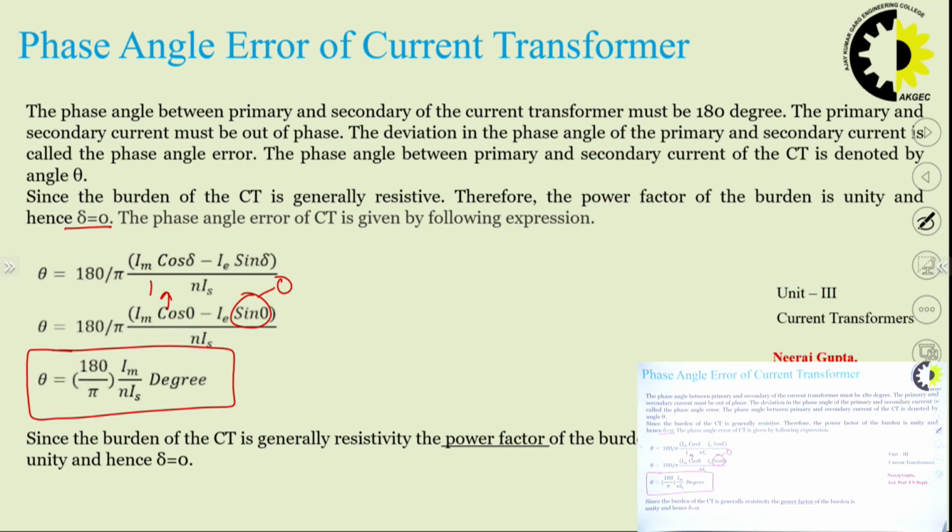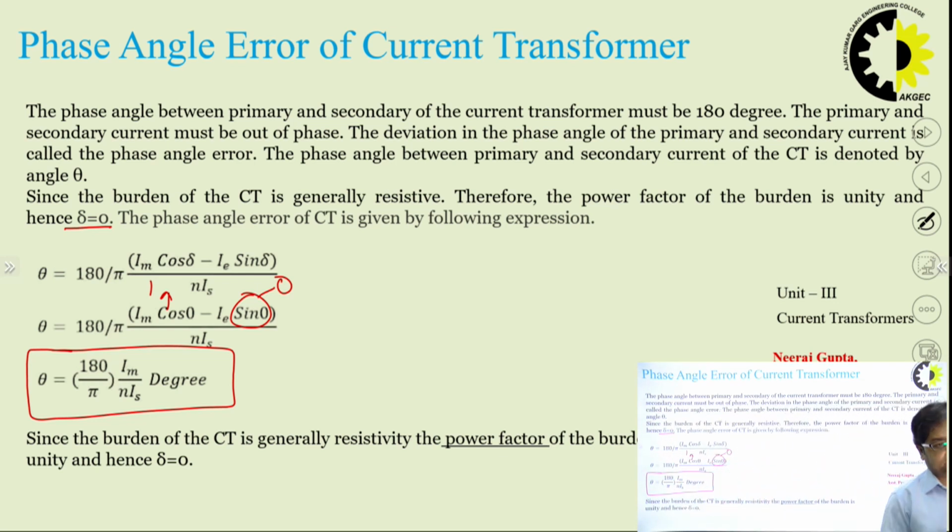Here, two specific things we need to point out: the phase angle error is basically due to the magnetizing component of the current, that is, Im plays a major, vital role here, and these errors are introduced due to Im itself and IE itself.